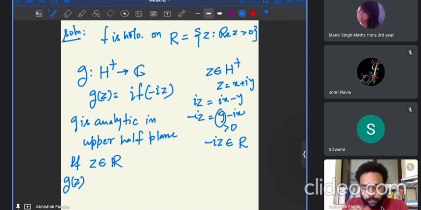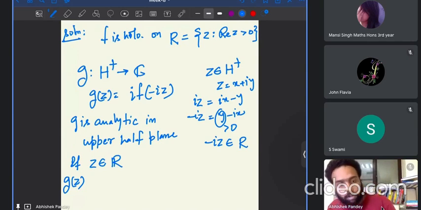Now f maps the imaginary axis onto the imaginary axis. So f of minus iz is again on the imaginary axis. Then if you multiply by i, the imaginary axis will again become the real axis. So g of z is again in the real line.